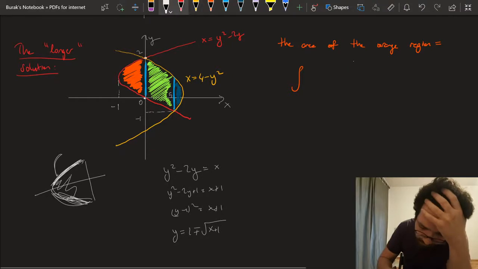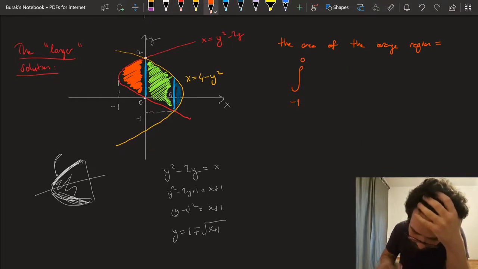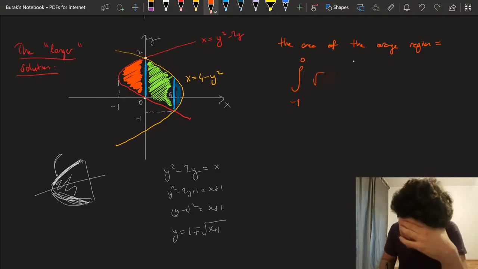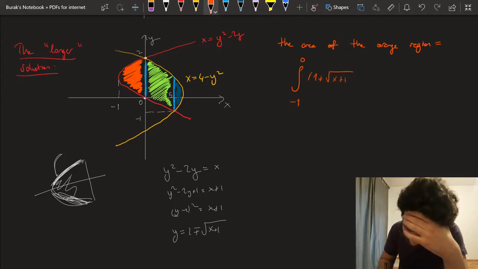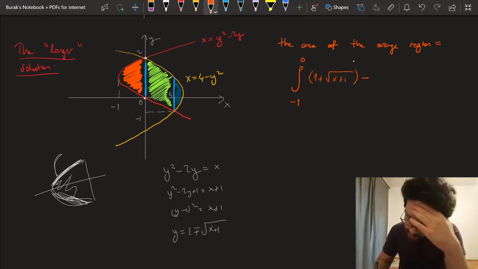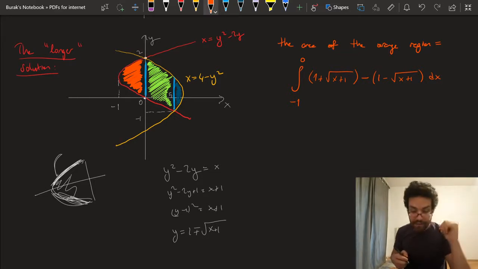The area of this region is the integral from minus 1 to 0 of the top function, which is 1 plus square root x plus 1, minus the bottom function, which is 1 minus square root x plus 1, dx. Okay, so that's that.